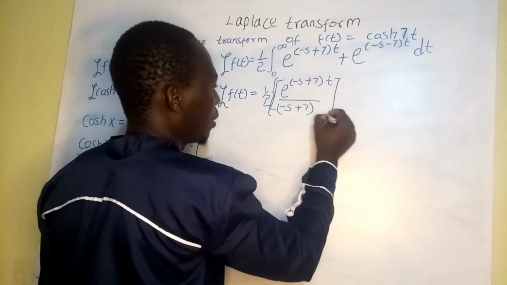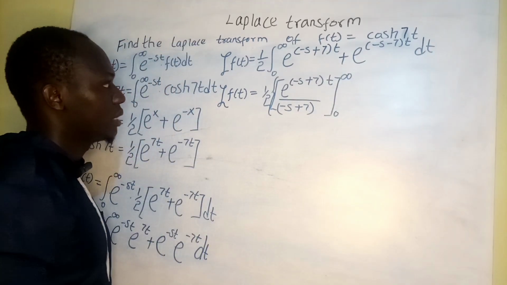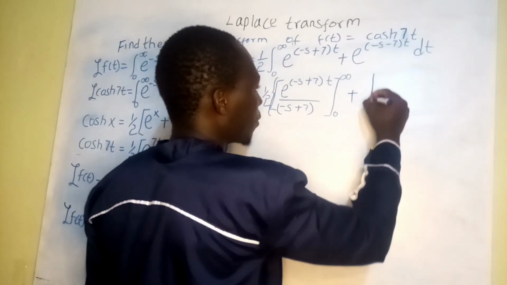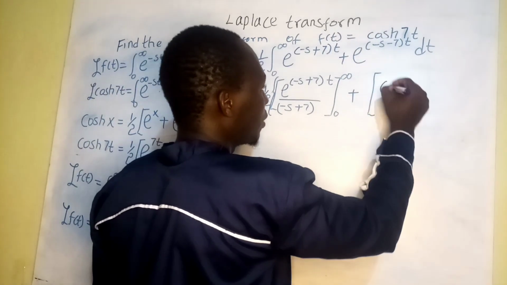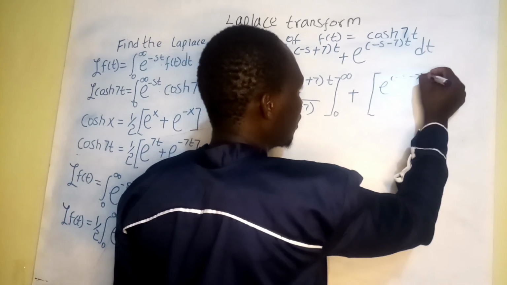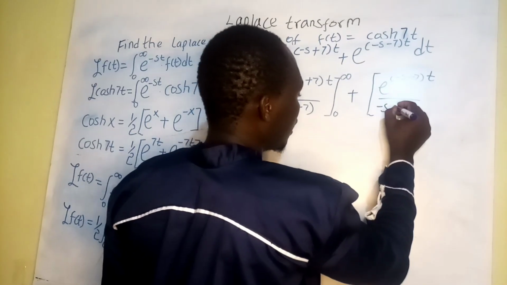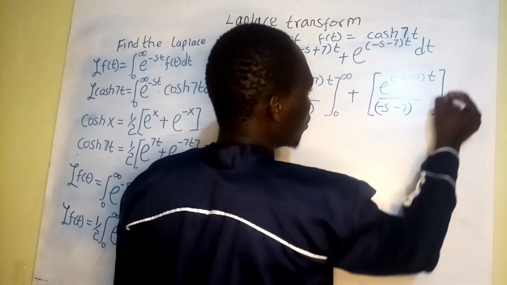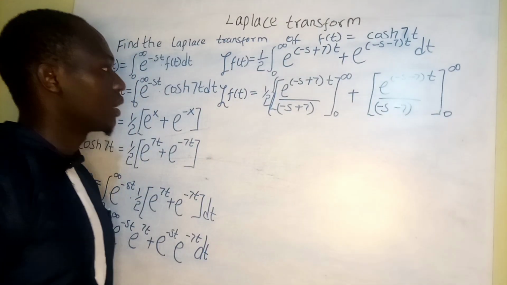And here we must have our limits, the upper limit and the lower limit. We come and add 2. When we integrate whatever we are having here, we are going to have exponential negative s minus 7 t, everything all over negative s minus 7. And our integration was with respect to the upper limit and the lower limit.